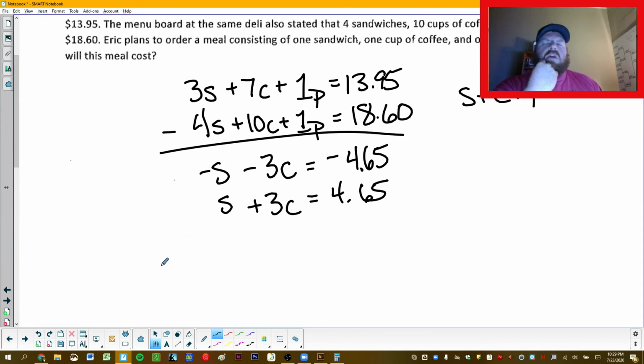So I'm going to do this. I'm going to take equation 1 and try to eliminate the s's. So I'm going to multiply it by negative 4, because I like addition better than subtraction.